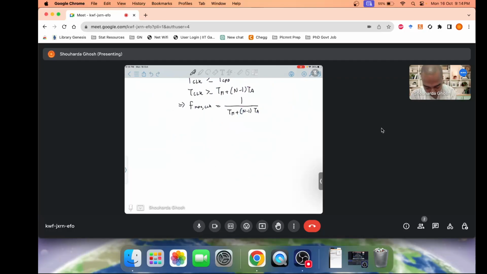So in feed forward pipelining, let's suppose you have some kind of a path like this.